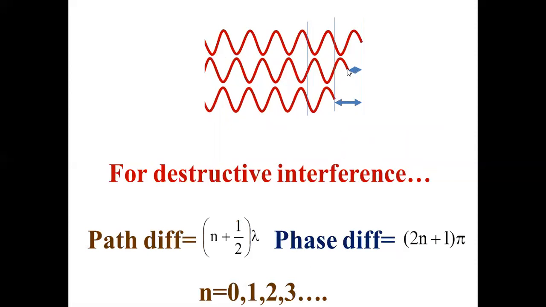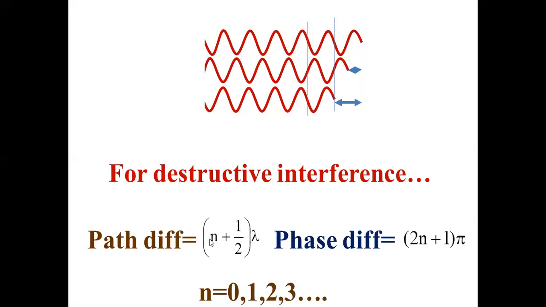What is destructive interference? See, one wave has to travel lambda by 2 late. Here it has started lambda by 2 late or away. That means by the time they reach here, one wave has traveled so much distance and the other lambda by 2 less. So if the path difference is lambda by 2, or 1.5 lambda here, then the crest falls on trough and the resultant amplitude is 0.